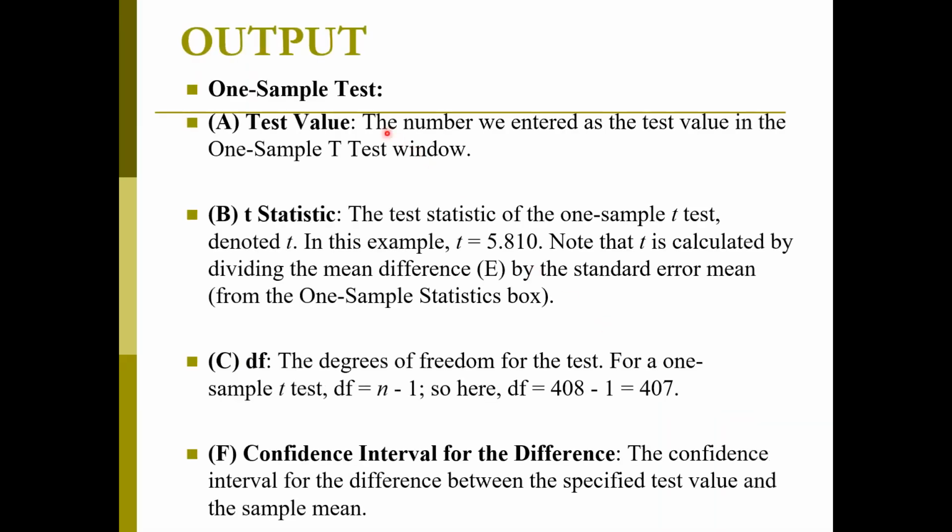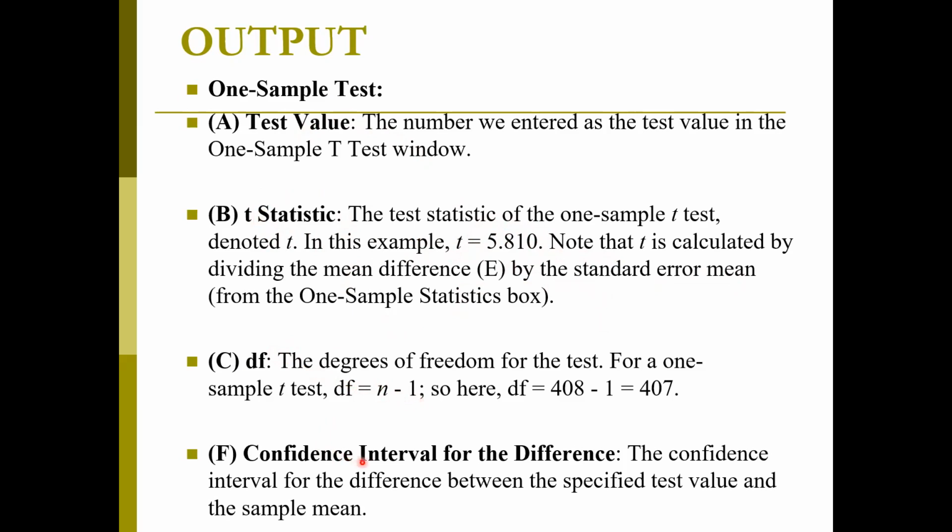again, the one sample, the test value, which we enter, the t statistics, what does it say? The t statistics has a t value of what? 5.810. Note that t is calculated by dividing the mean difference by the standard error. df, the degree of freedom. For us is what? The df is the n, the sample minus 1.